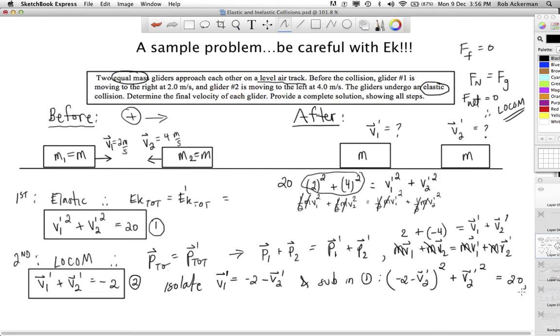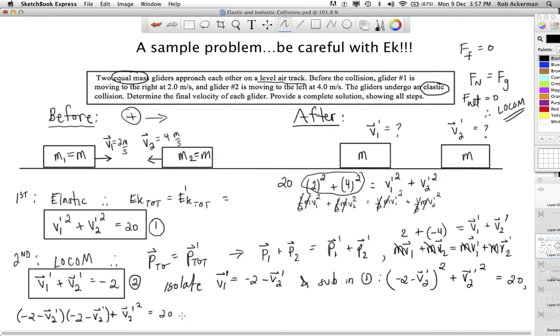Now, I know you should know this, but everyone makes this mistake, so I'm just going to do it for you to avoid the mistake. This is a bracket squared. You have to expand that bracket. Minus 2 minus v2 prime times minus 2 minus v2 prime plus v2 prime squared equals 20.